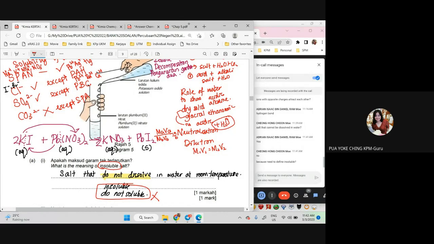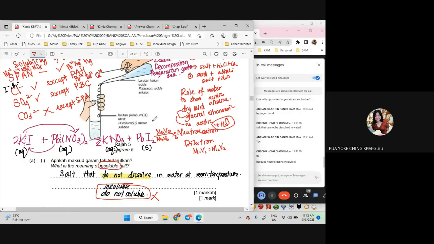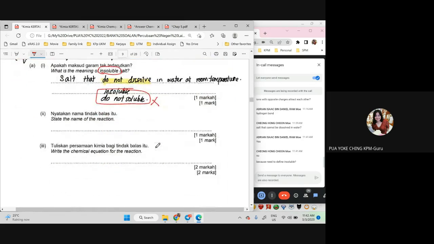Okay, tapi untuk BI dia a bit susah sikit. Sebab BM is still larut, right? BM dia tak ada perkataan lain. But BI, they need to be used dissolve. Because soluble is the nouns. Dissolve is the verbs. Okay, so name the reaction. This is double decomposition.